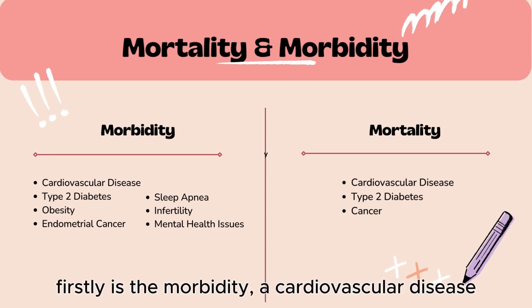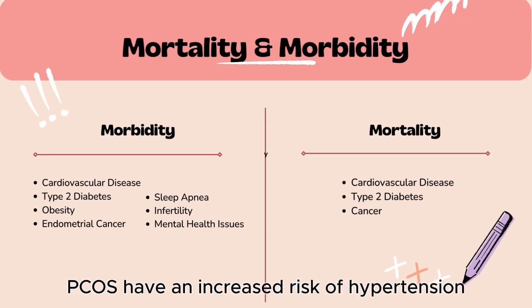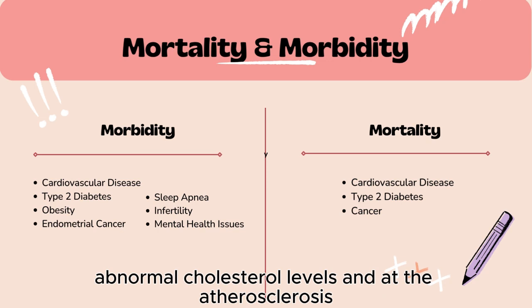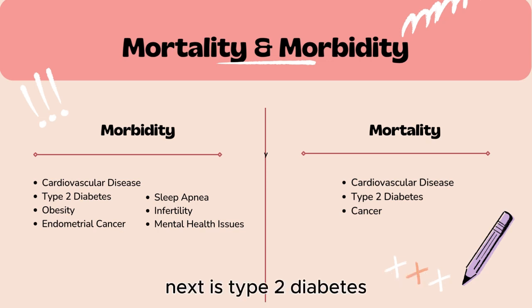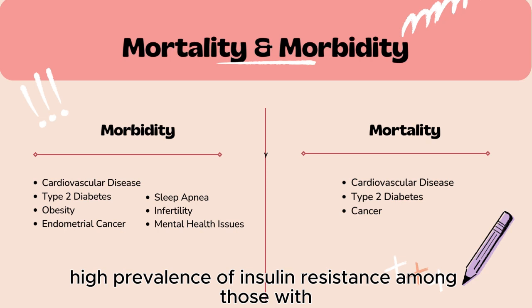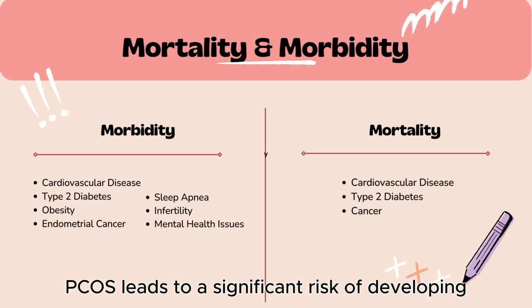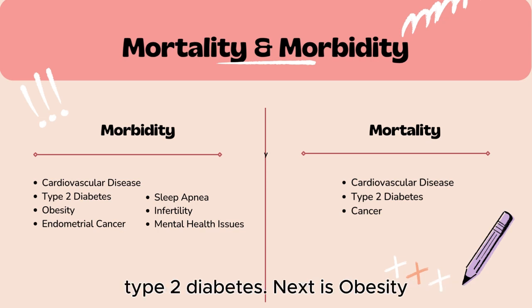Firstly is morbidity, cardiovascular disease. Individuals with PCOS have an increased risk of hypertension, abnormal cholesterol levels, and atherosclerosis. Next is type 2 diabetes. High prevalence of insulin resistance among those with PCOS leads to significant risk of developing type 2 diabetes.